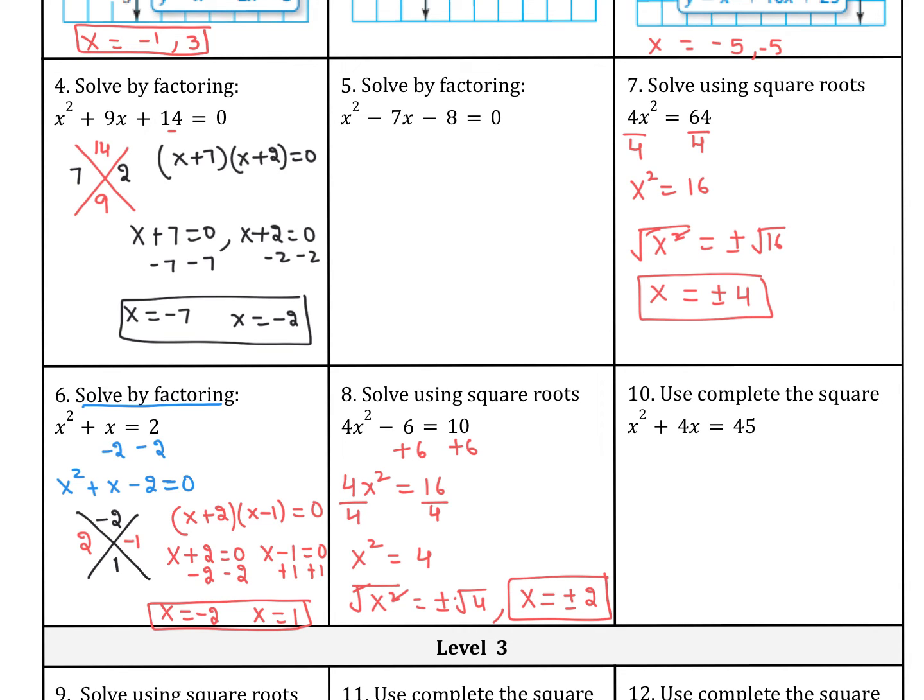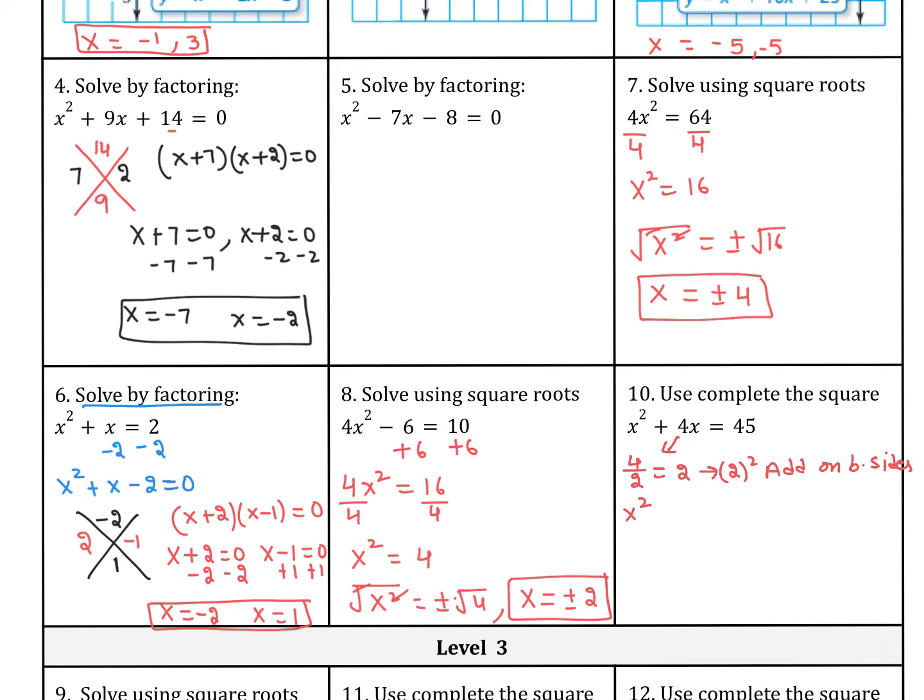For example, number 10, completing the square means having the x terms by themselves. Both the x terms should be on one side and a number should be on the other side. To do that, you take half of b, square it, and add it on both sides.